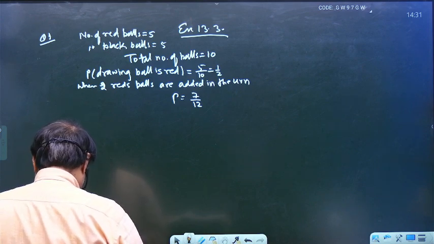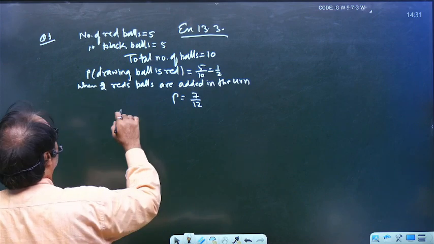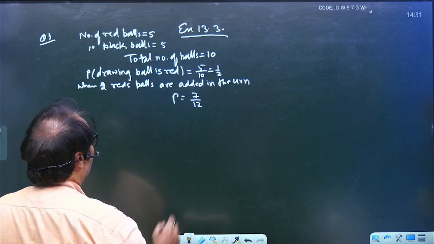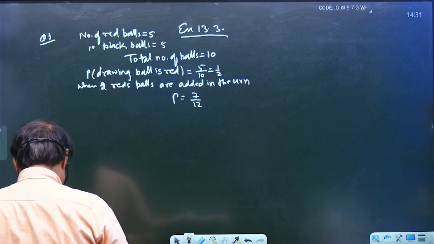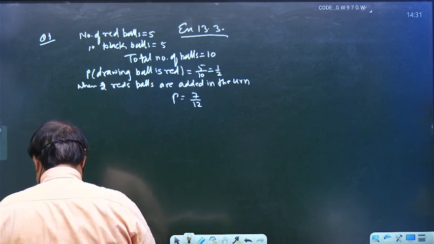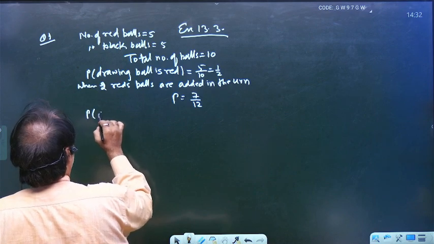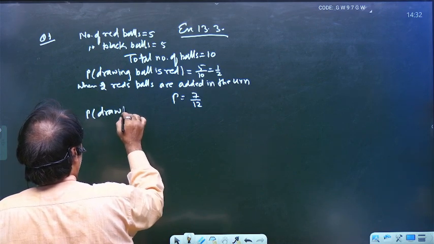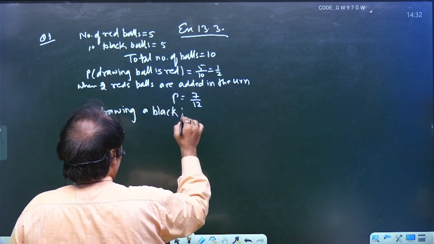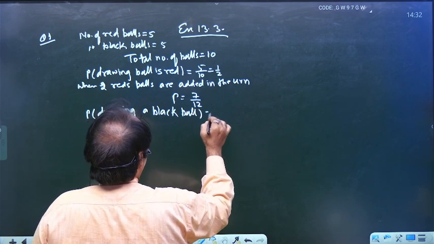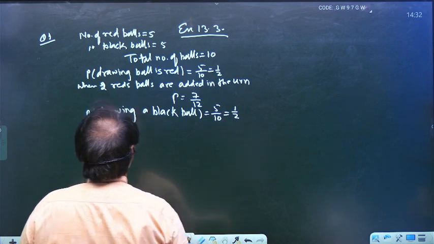Now, suppose a black ball is drawn. So the probability of drawing a black ball is 5/10, which is equal to 1/2.